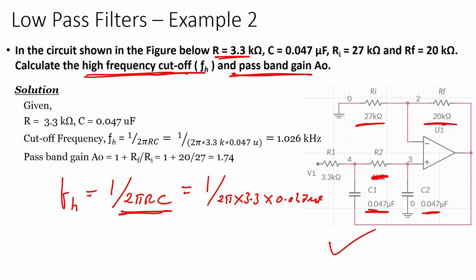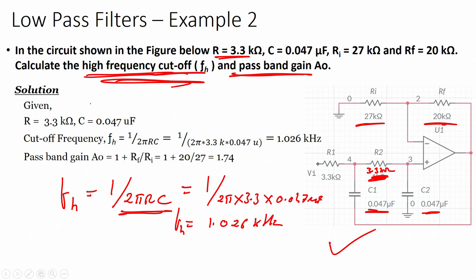This is not 1 kilo ohm, so consider it as 3.3 kilo ohms. The answer will be 1.026 kilohertz. That is my FH, the high cutoff frequency.